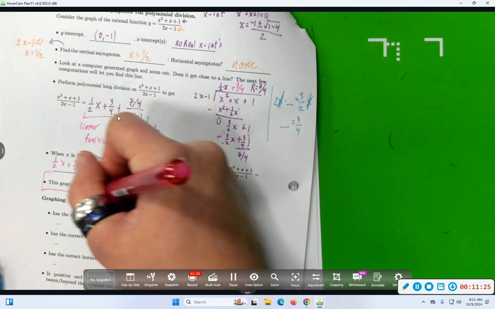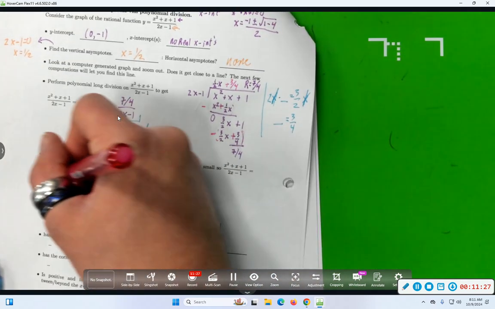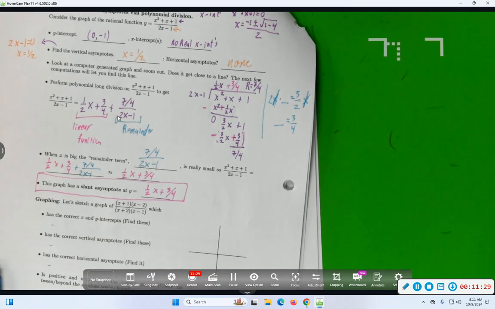So when you want to find a slant asymptote, there will always be a slant asymptote whenever the degree of the numerator is 1 bigger than the degree of the denominator. The degrees want to cancel. In order to find that slant asymptote, you have to do some polynomial long division. That feel okay?